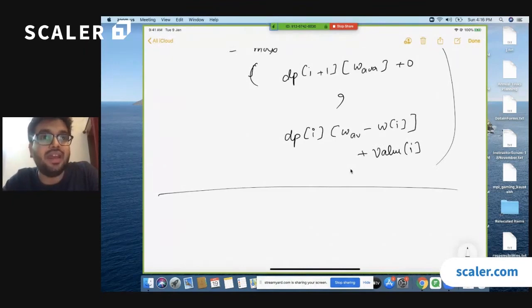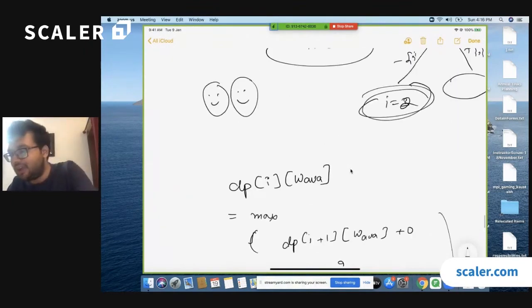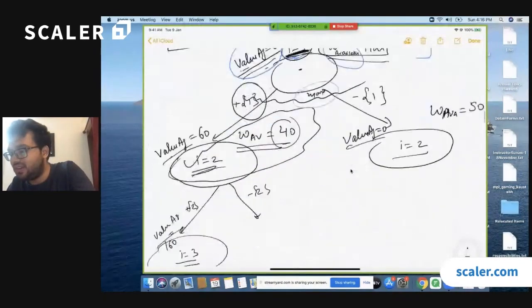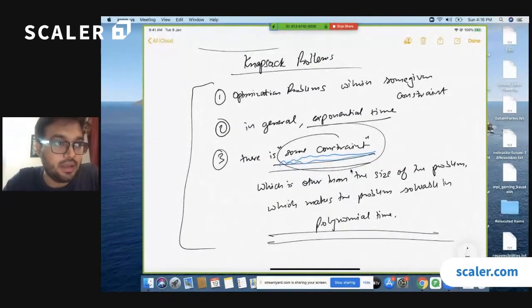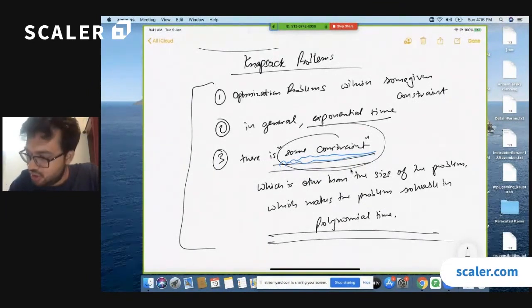Before looking at the variant of these problems, let me take you back to the very first points that I wrote about the knapsack problems. Knapsack problem is a class of problems in which you are trying to solve some optimization problem.